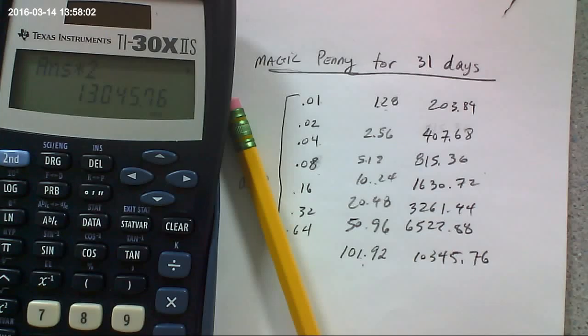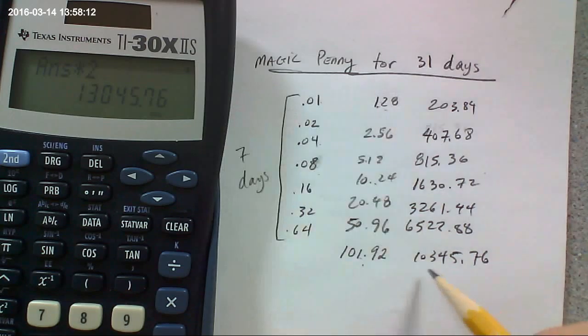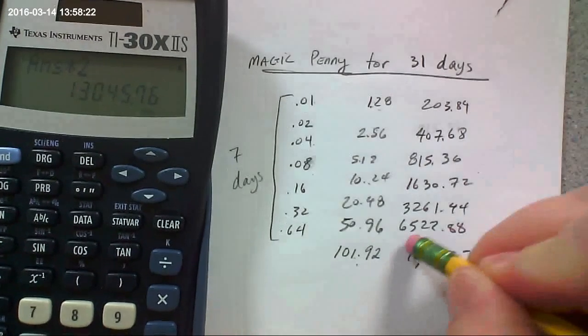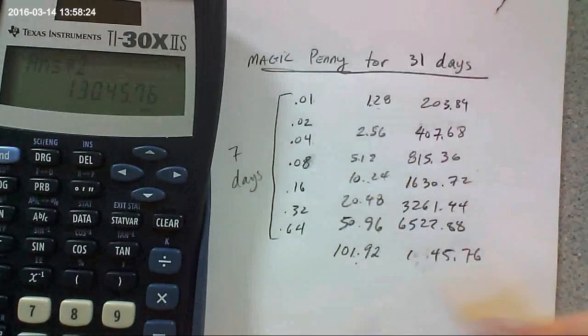Man, you are a faithful bunch. How many of you guys are really happy you got the $1 million? Oh wait, never mind. $10,345.76. Oh, $13,000. I mixed my zeros. So you have $3,000 more, and you could have had $1 million.